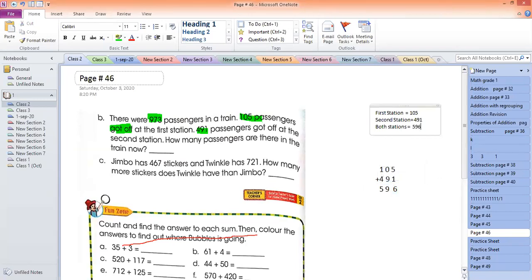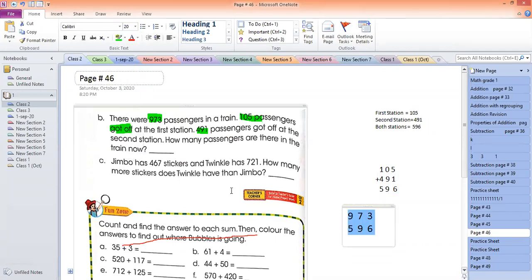Now you need to find out how many passengers are there in the train now. So what will you do? Total passengers were 973, so you will minus 596 from 973. Why? Because total passengers in the train were 973, and the total passengers who got off at the stations were 596.